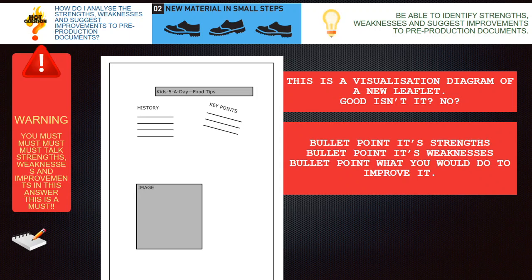So maybe that is what you could talk about for the strengths. Weaknesses are easy because there's not enough detail. There's not enough for a designer to be able to interpret what is trying to be set out on the visualization diagram.